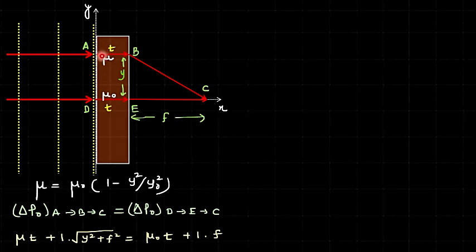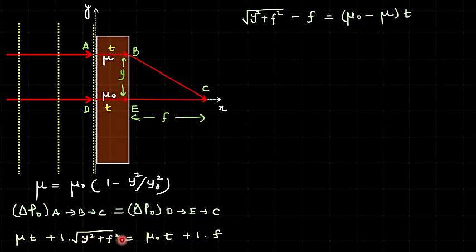So this is mu into T, and here is air, so 1 into BC, and that BC is the square root of y square plus f square. That is this equation. And this is mu naught T plus f, and just rearrange the things.